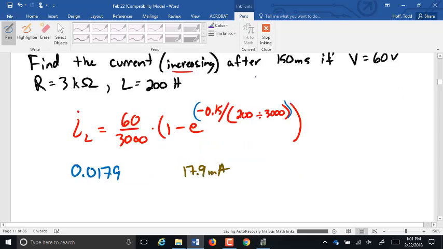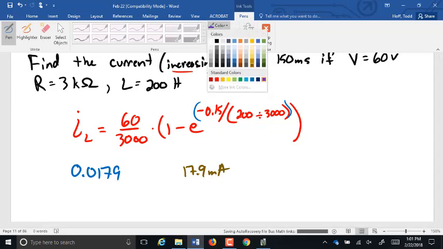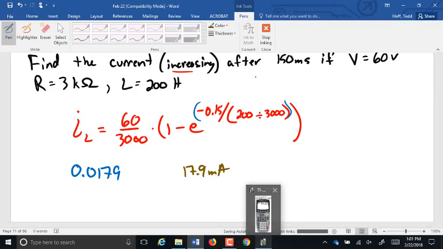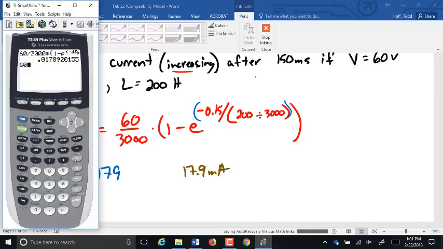What do you think? Now, you look at that, that looks like it's pretty small. But remember, we've got 60 volts and 3,000 ohms. 20 milliamps is our maximum current. So it's getting really close to the maximum current at that point.